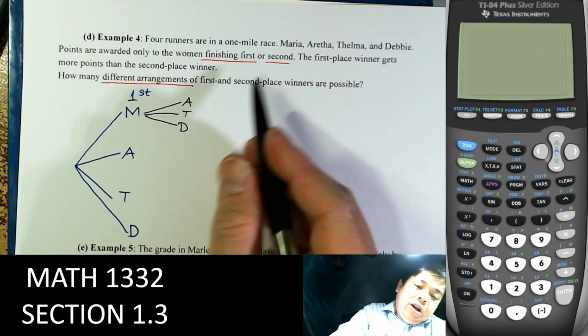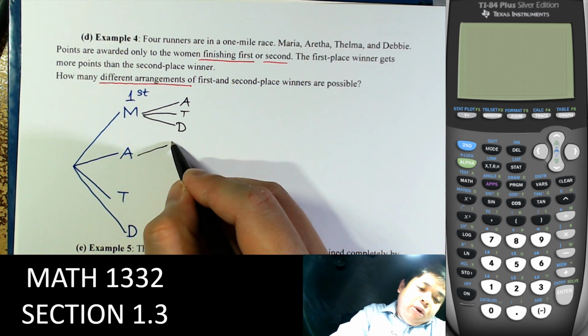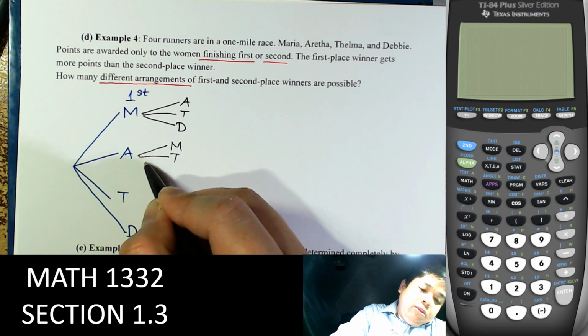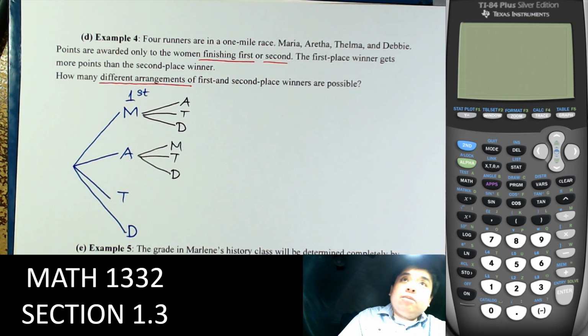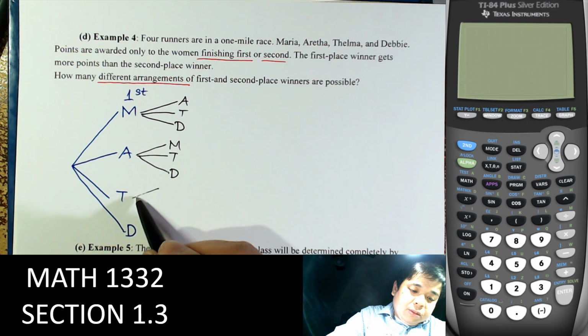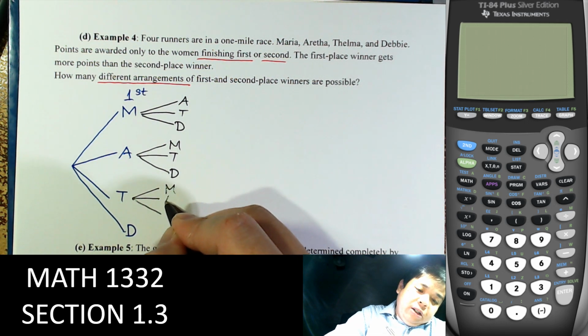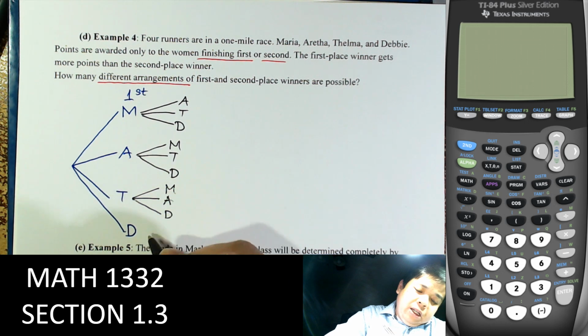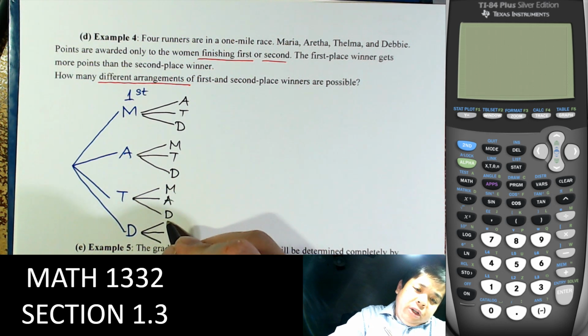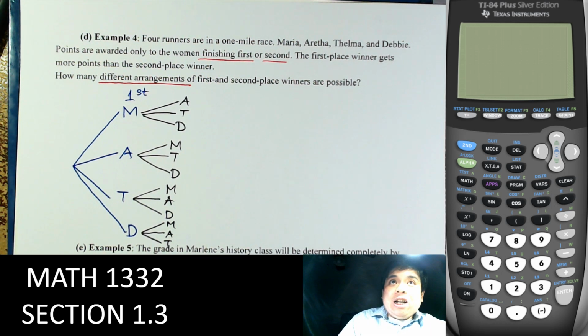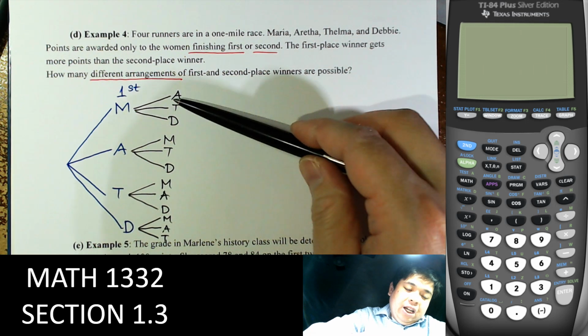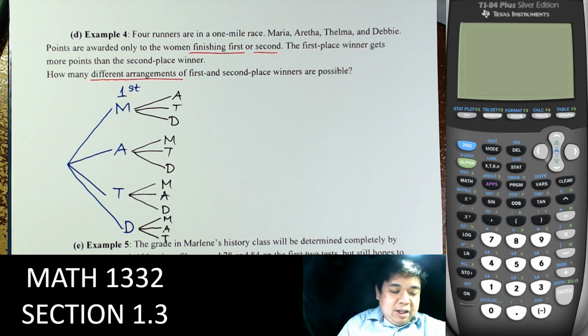Now, if Rita finished first, that means Maria, Thelma, or Debbie finished second. And then same thing, we have Maria, Rita, and Debbie. And finally, Maria, Rita, and Thelma. So in total, we have 12 different scenarios here.